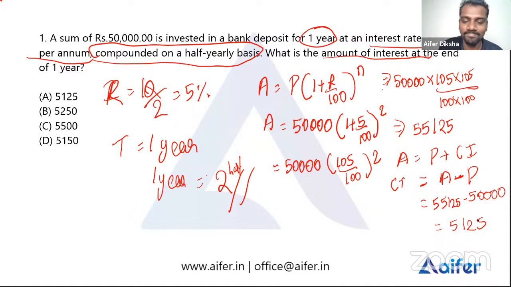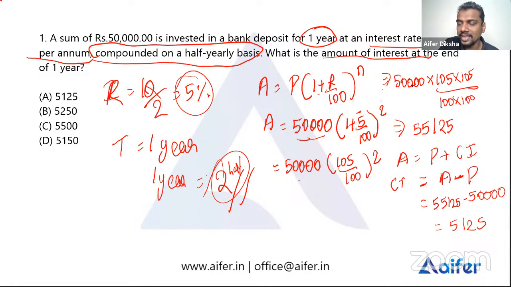Which is the exact part you want repeated? You can just put it in the chat box. Anyway, I will be explaining. So the rate is 5%, time is 2 years or 2 periods. Then we have A equal to P into 1 plus R by 100 all raised to N. It's given that P equal to 50,000, R is 5, we get it from this particular point, N is 2, we get it from this particular point. 50,000 into 1 plus 5 by 100, we take the LCM, 100 plus 5 by 100, that is 105 by 100, all raised to 2.